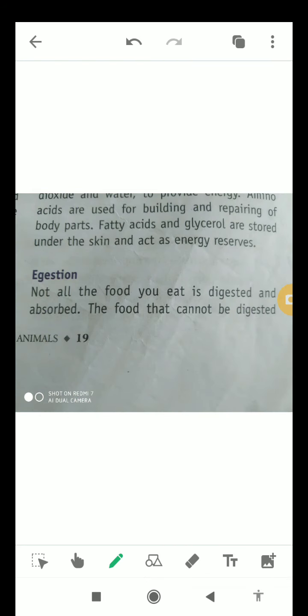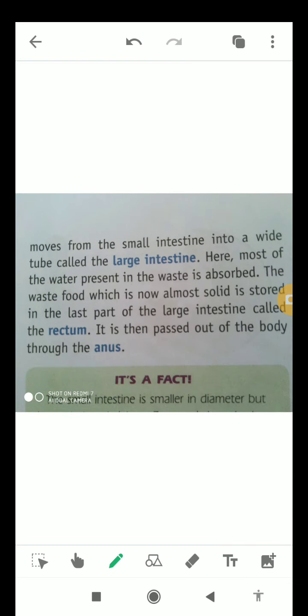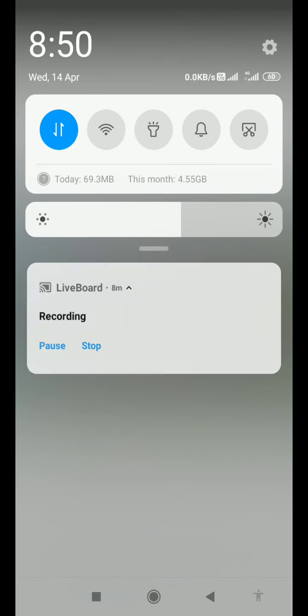And in the process of digestion, the undigested food is removed from the body with the help of the rectum and anus, because in the rectum the waste food is stored, and once it is stored fully, it is removed from the body by the part called the anus. So that's it in this video.